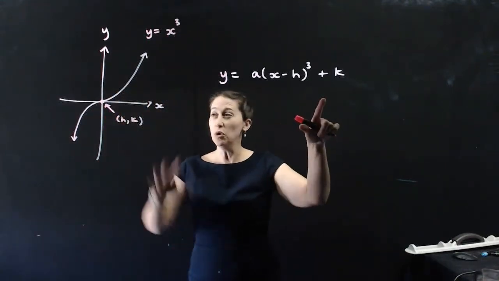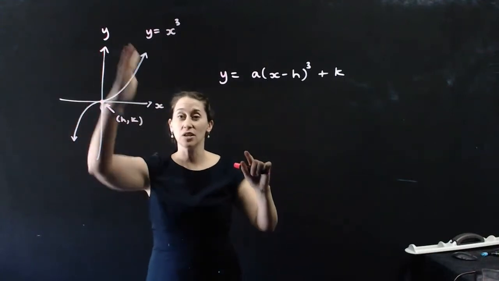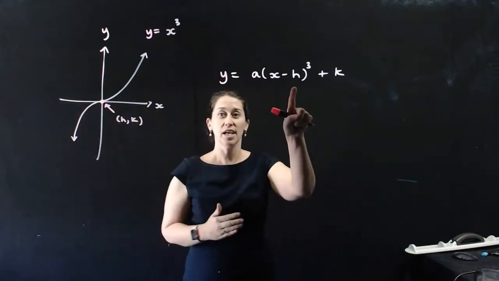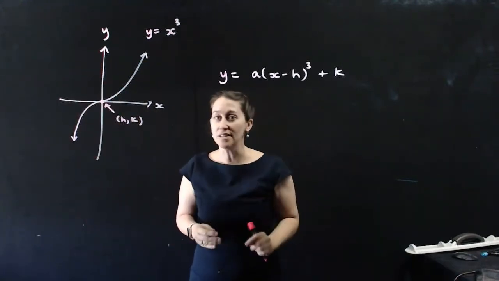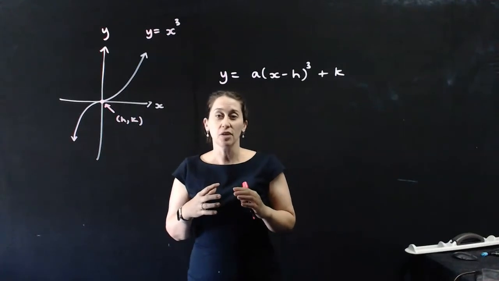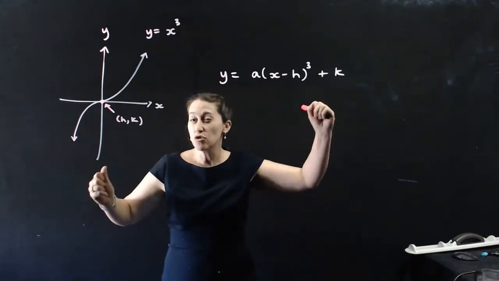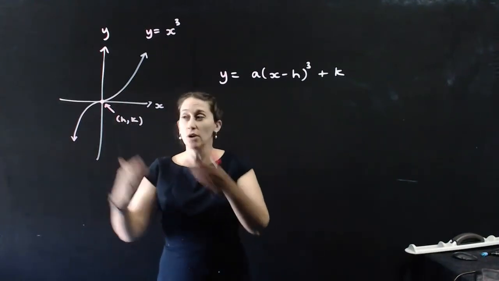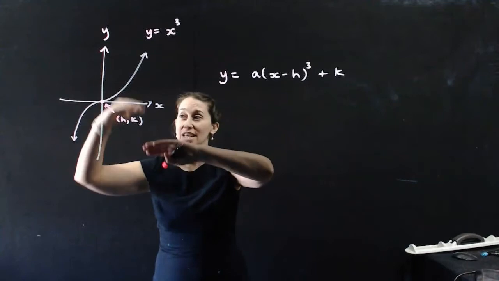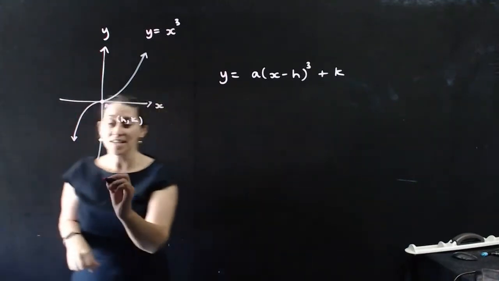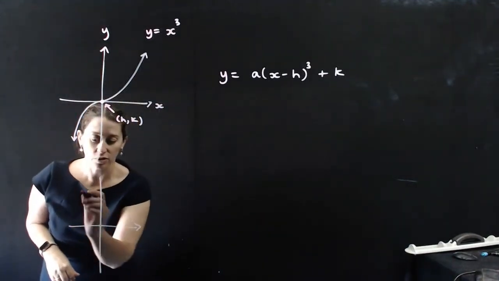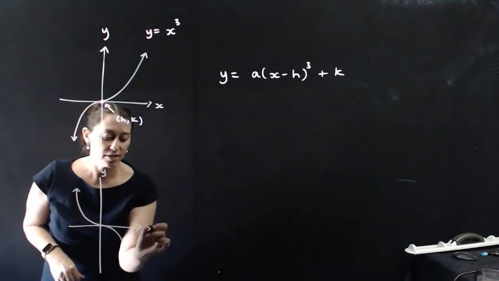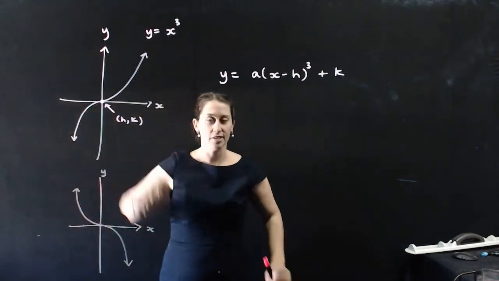When we transform this cubic graph around the Cartesian plane, the point of inflection moves depending on what h is and what k is. a is our dilation factor, which obviously tells us whether this is going to be stretched in one direction. If a is negative, we know it's also reflected in the x-axis. And so a negative x cubed graph looks like this, continuing again on to negative infinity and positive infinity, like so.